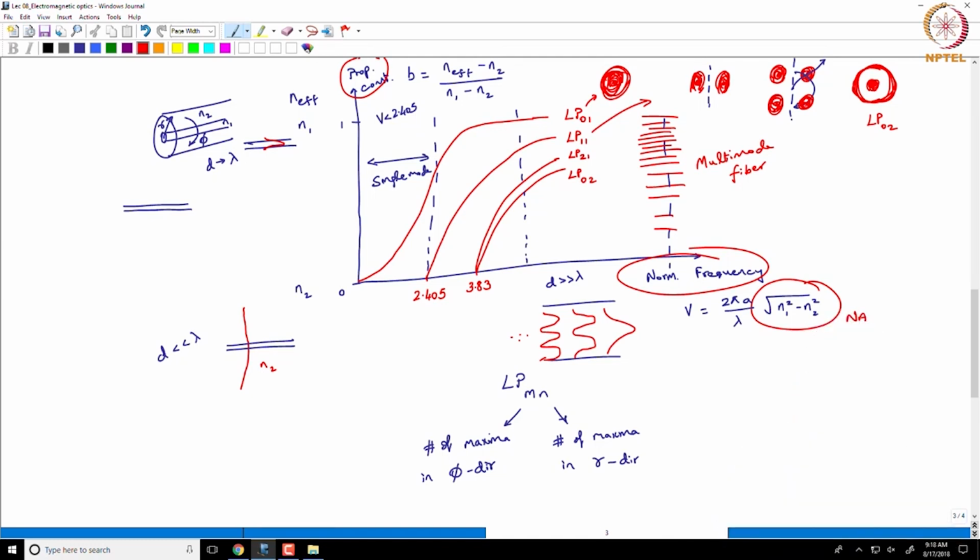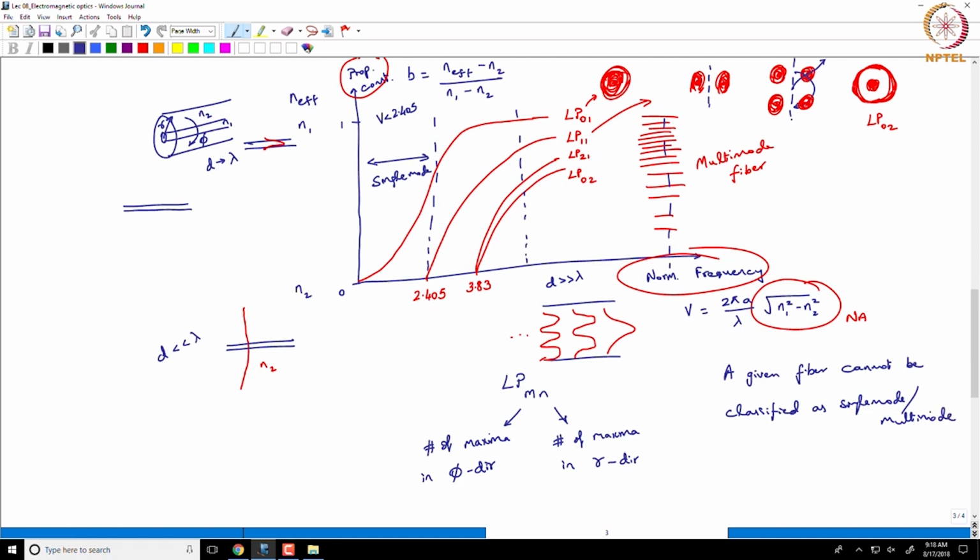So, just to illustrate that, the key point that I wanted to make, maybe I said that towards the end of last class but did not emphasize enough, is that a given fiber cannot be classified as single mode or multi-mode.